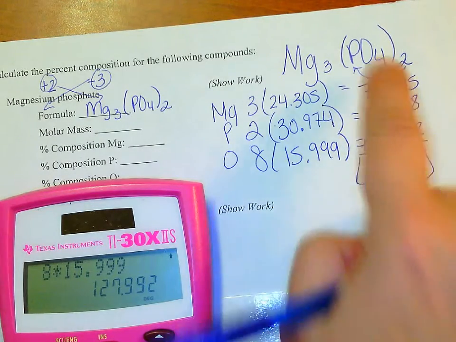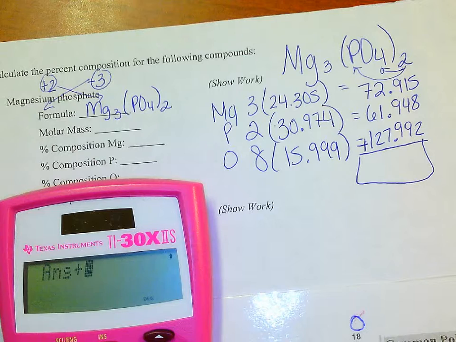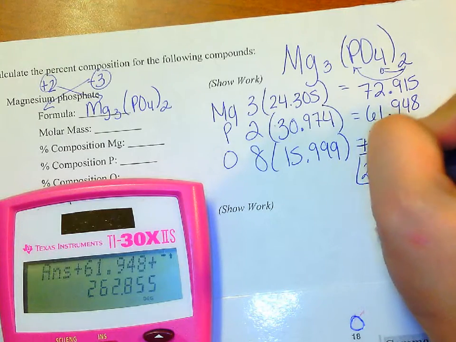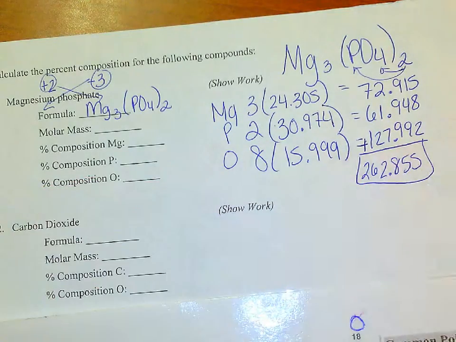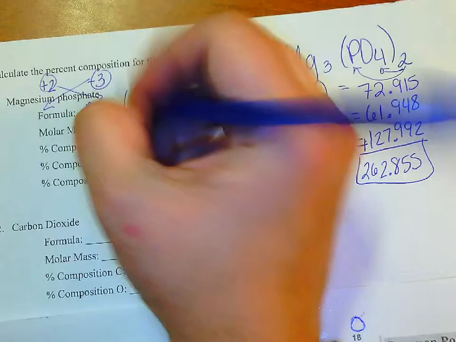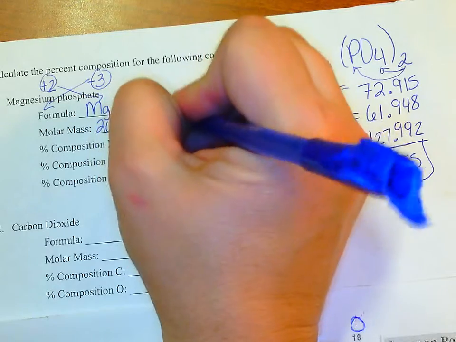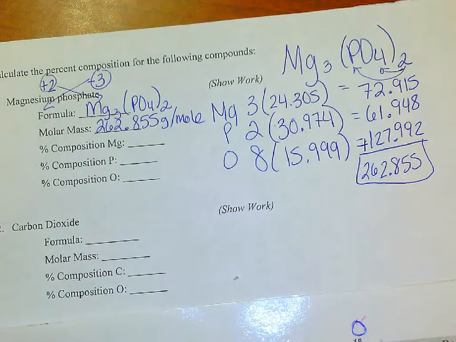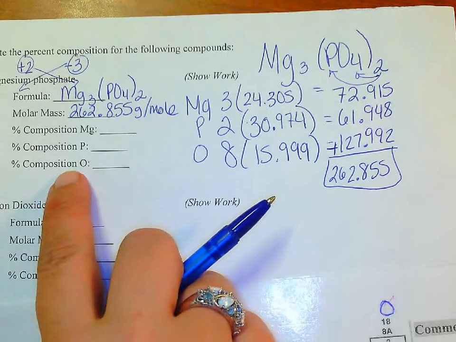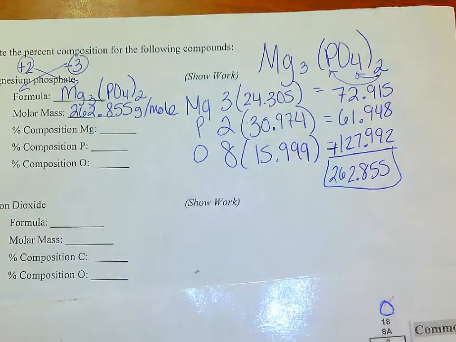Then the molar mass is when you add all of it up. So 262.855 grams per mole. Now, just like on the other side, we're going to have to figure out the percent.